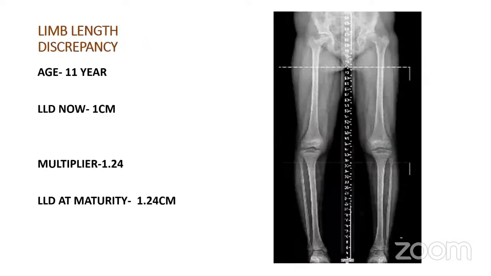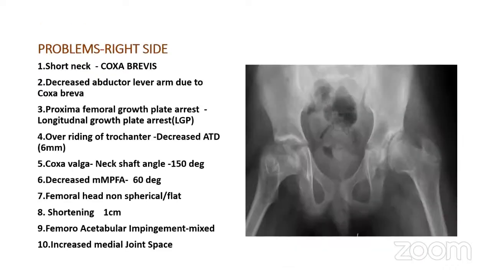About the limb length discrepancy, right now he is an 11-year-old child with an LLD of 1 centimeter. When I multiply with the multiplier of 1.24, I expect an LLD at maturity of around 1.24 centimeters.